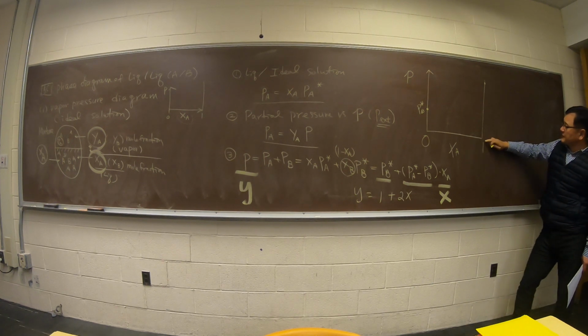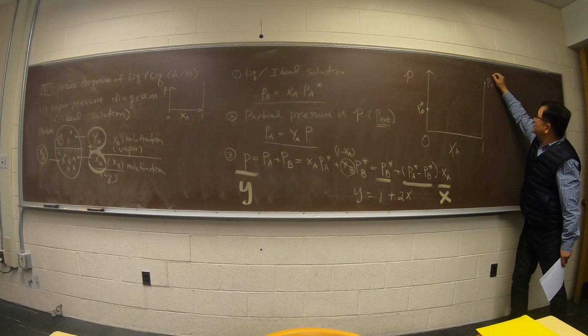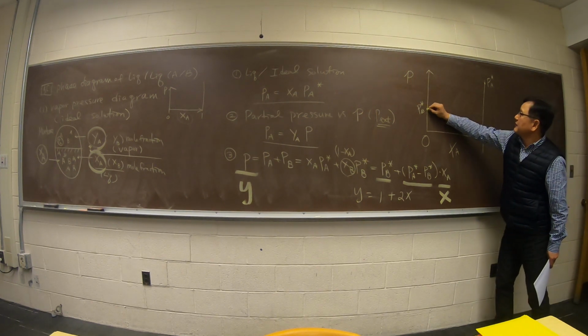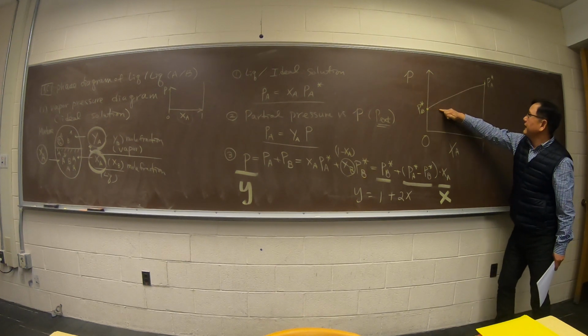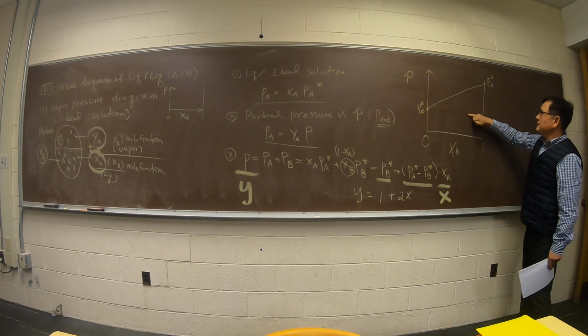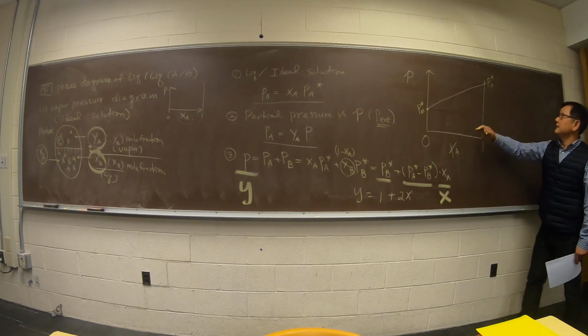And what's your pressure, and you have a pure A, you can think about this should be PA star. And yes, they are, because the slope here is supposed to be delta Y over delta X. And delta X is 1, delta Y is, this is what they tell me. Okay? So that's the differences.